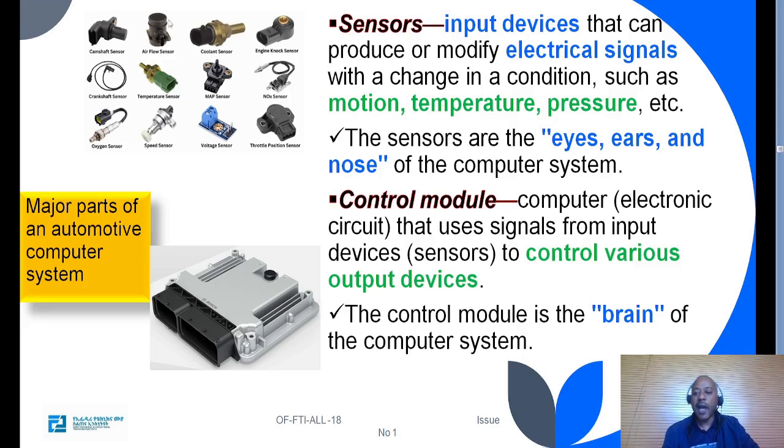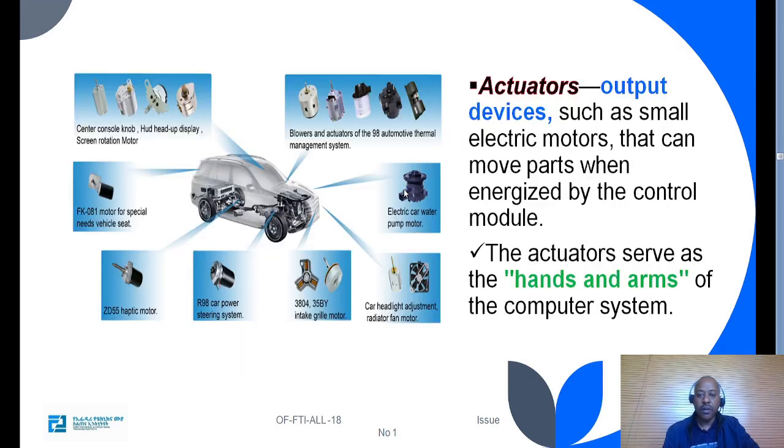This picture illustrates a lot of different sensors: camshaft sensor, airflow sensor, coolant sensor, engine NOx sensor, crankshaft sensor, temperature sensor, MAP sensor, NOx sensor, oxygen sensor, speed sensor, voltage sensor, and throttle position sensor. These are some examples of the different types of sensors used in automotive technology.